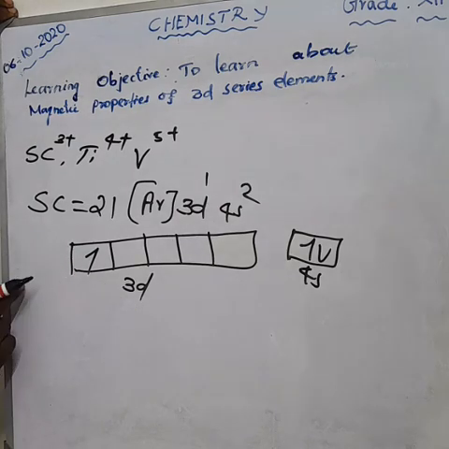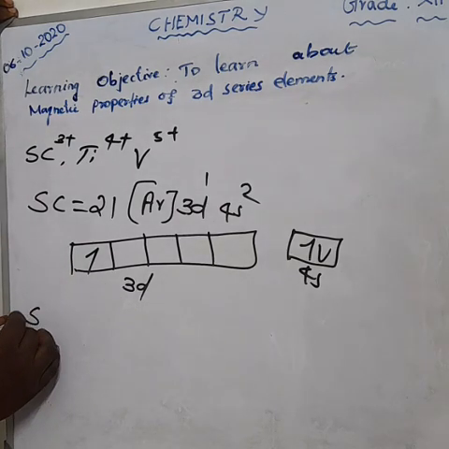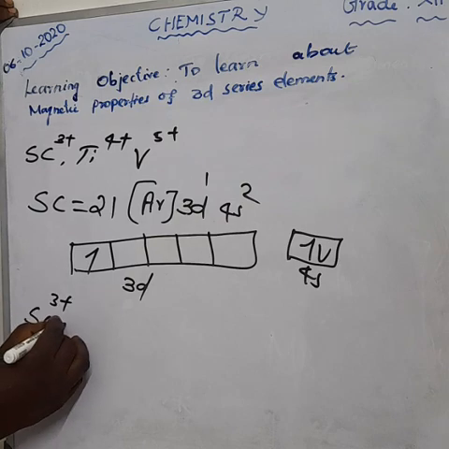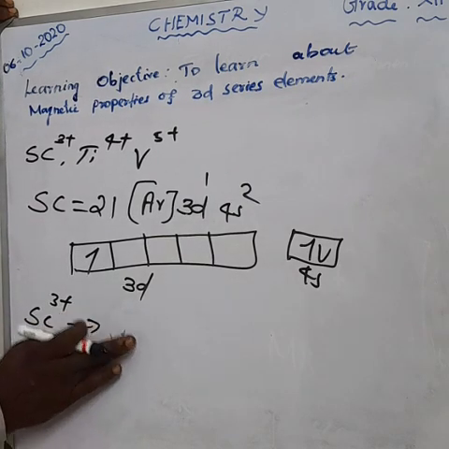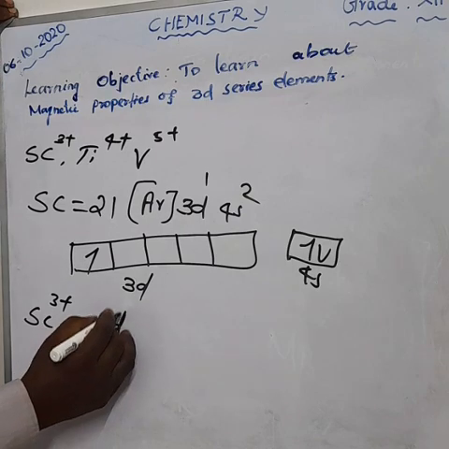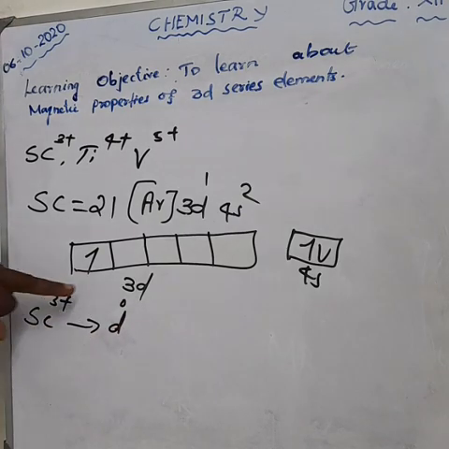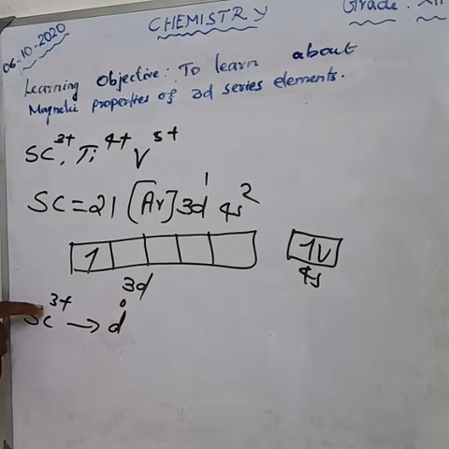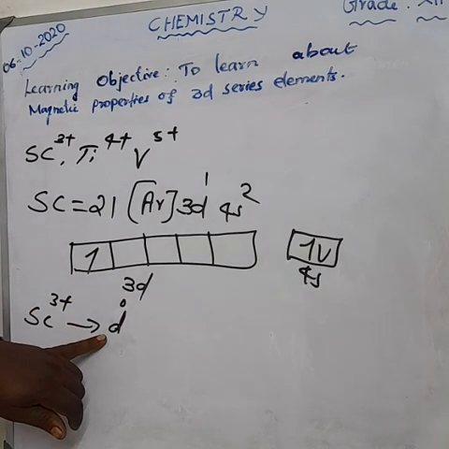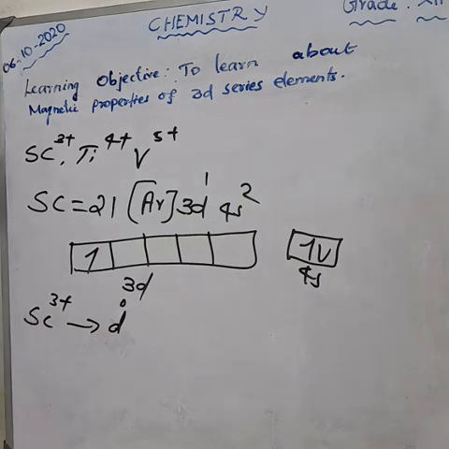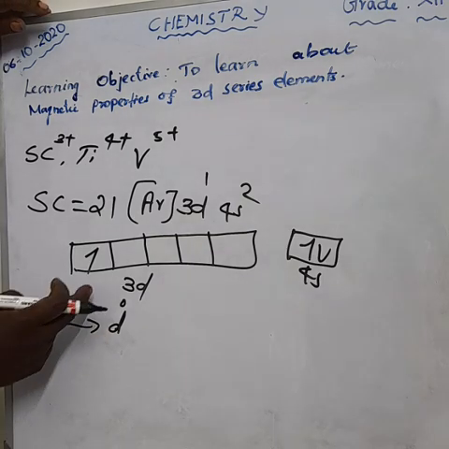So Sc3+ has a d0 configuration. Which configuration? d0, because of loss of 3 electrons. Here we can calculate the mu, the number of unpaired electrons.